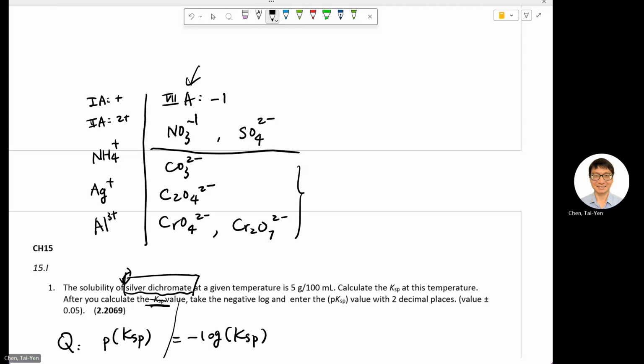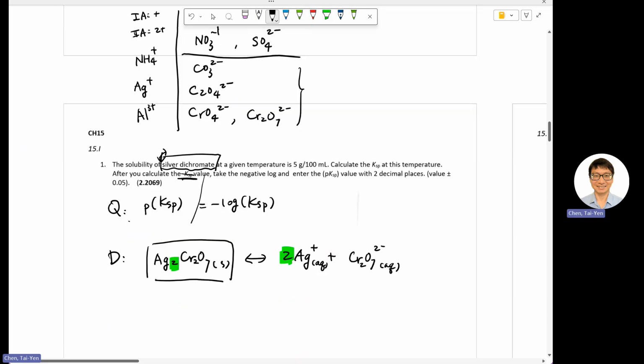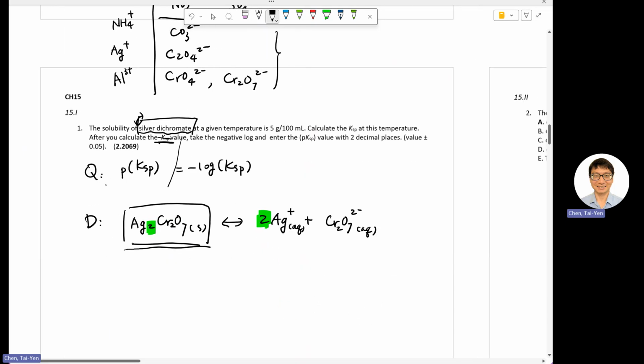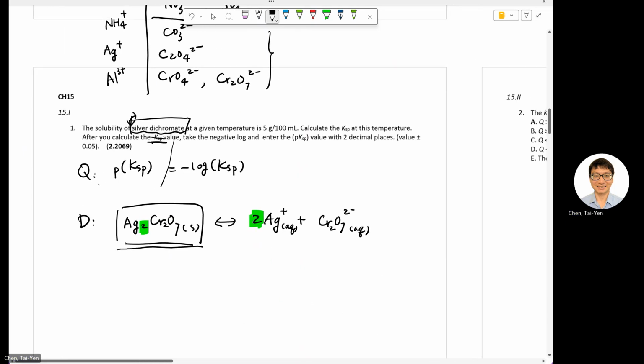If you know these things, then when you come back and look at this, when you have Ag, it should be Ag plus once it dissociates, carrying +1. The subscript tells you the coefficient in front of it.